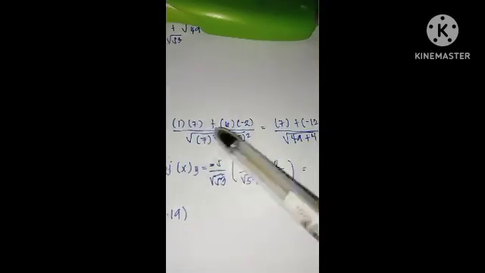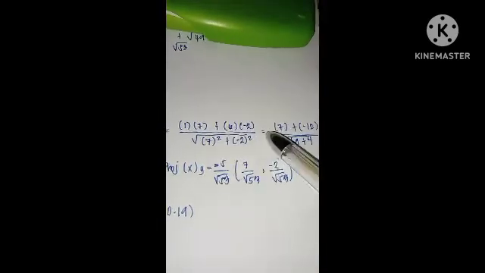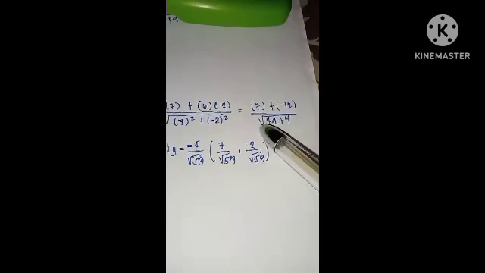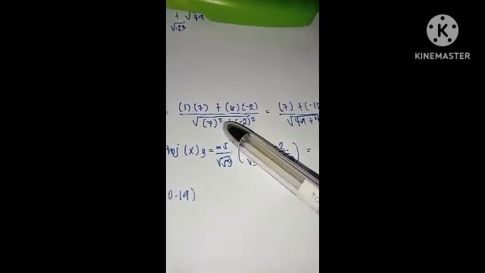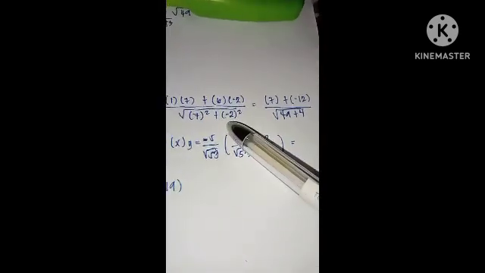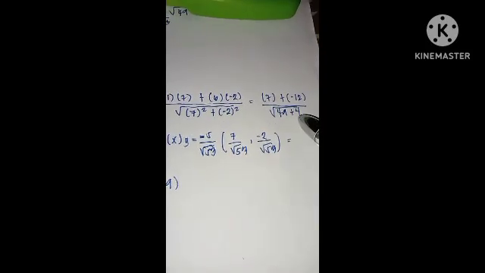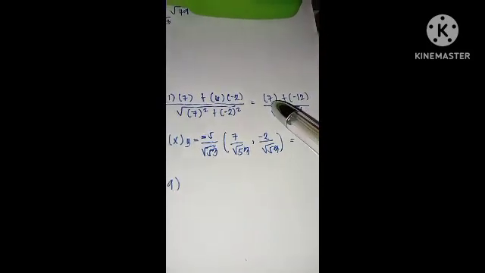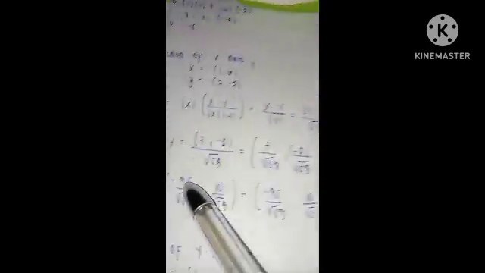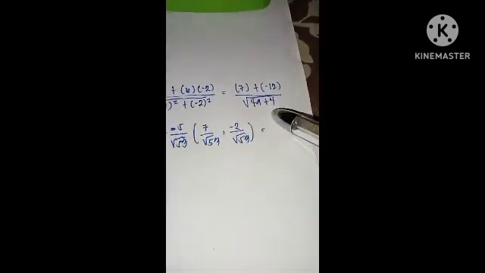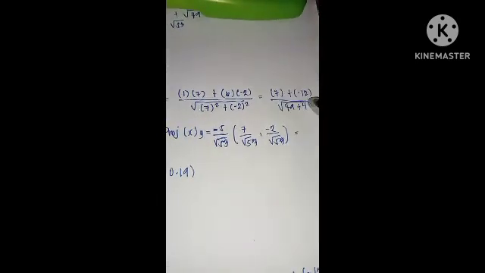So 1 times 7 is equal to 7, 6 times negative 2 is equal to negative 12, over 7 to the power of 2 is equal to 49 plus negative 2 to the power of 2 is 4. So 7 plus negative 12 is equal to negative 5. So 49 plus 4 is equal to 53, and it is under a square root, so square root of 53.